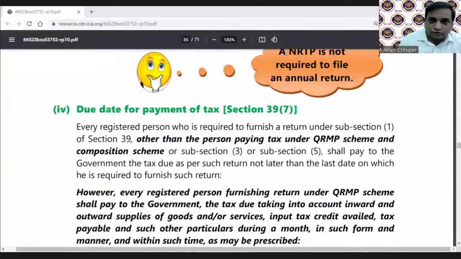Now someone has asked the question, what is the due date of payment of taxes? That was asked initially. The answer is section 39 subsection 7. If I am filing the monthly GSTR 3B, what is its due date?